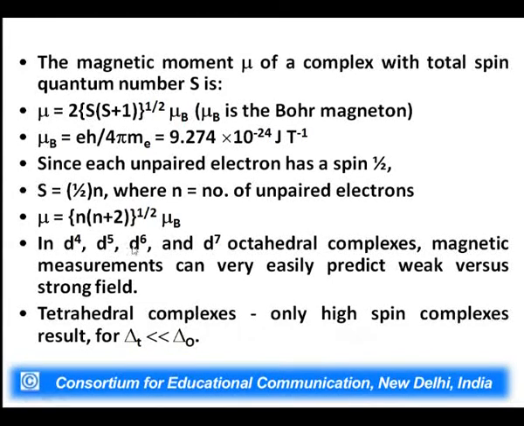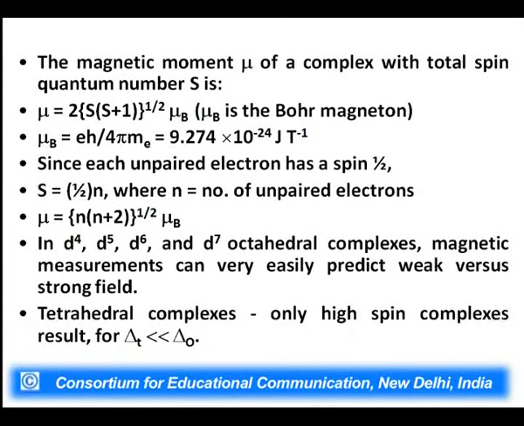In d4, d5, d6 and d7 octahedral complexes, magnetic moment can easily verify whether to predict a weak versus strong ligand. That means if you can find out the magnetic behavior of a complex, you will be knowing the spin state. So from knowing the spin state, we can also predict the crystal field stabilization energy. So there is a relationship between what spin state it has and the magnetic moment that we can find from experimental means by measuring the magnetic susceptibility.